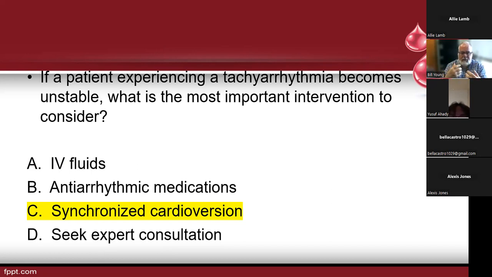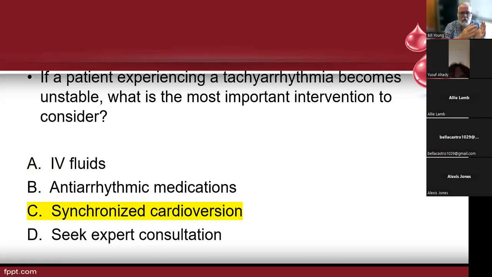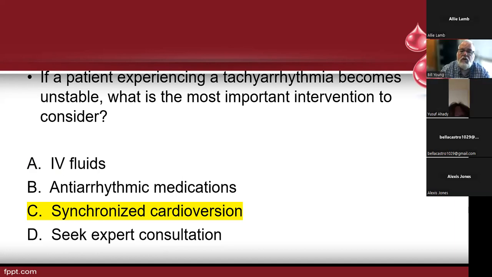If you were to come through my station, if I were testing you and you would just simply tell me cardioversion, that's going to be okay for me because I know you know the difference between cardioversion and defibrillation. But again, with your exam, make sure that you watch those as far as the terminology. Allie, go ahead.